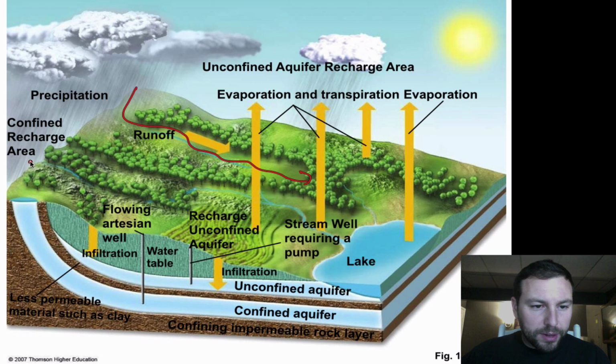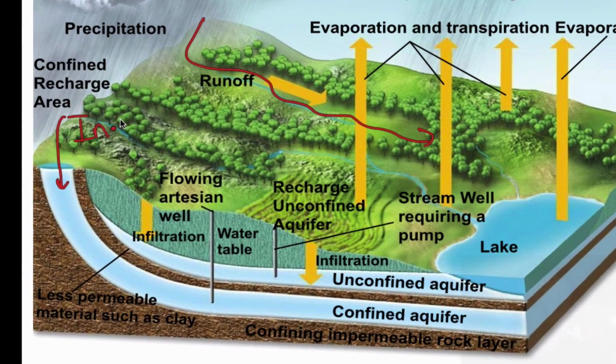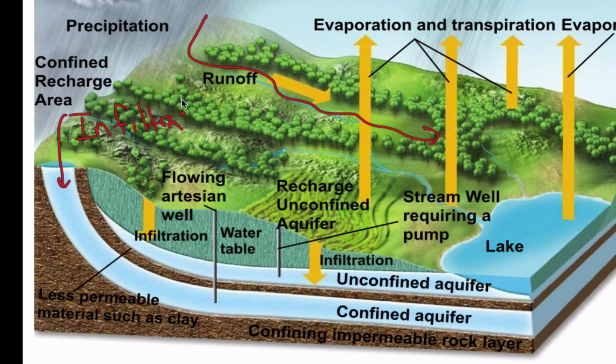Our recharge area that we're looking at for this aquifer, water infiltrates, which means it goes into the ground and then will percolate as it moves through, and then we have groundwater flow as we move through. So runoff going over. Infiltration is the process of moving into the ground. Percolation is that downward movement of water into the ground.